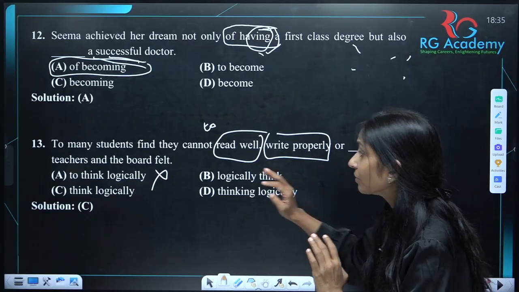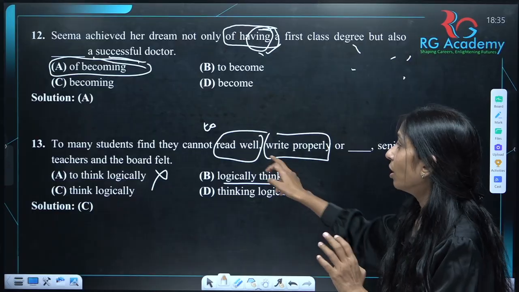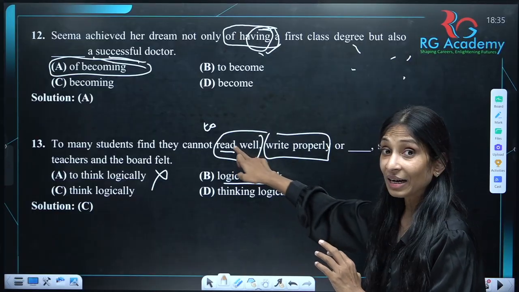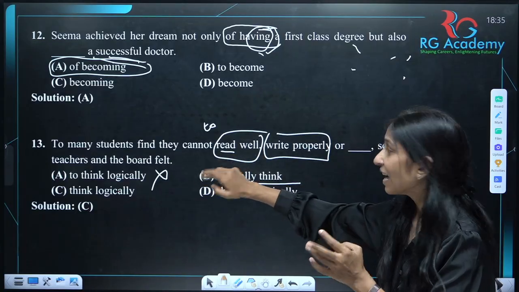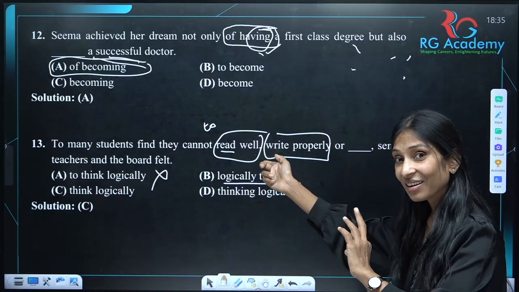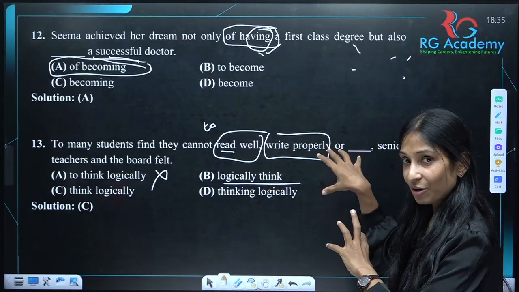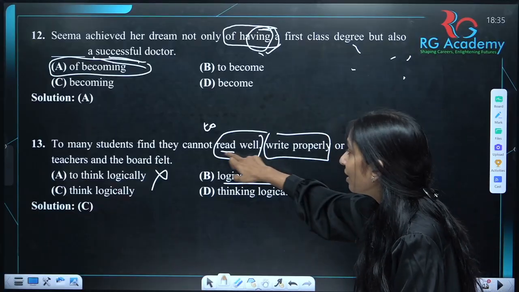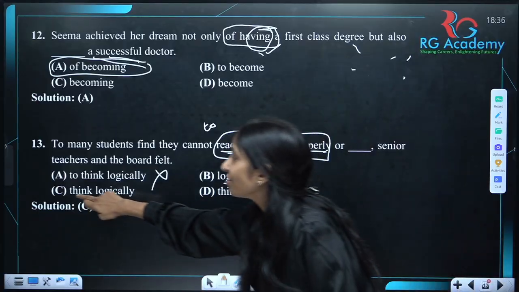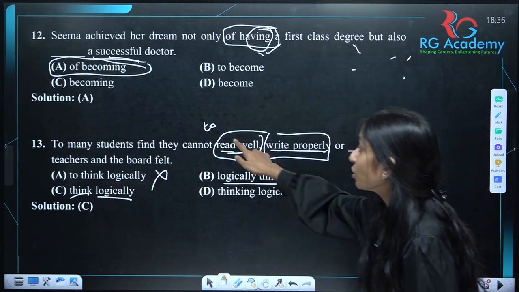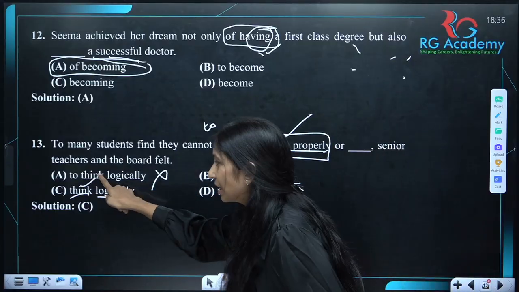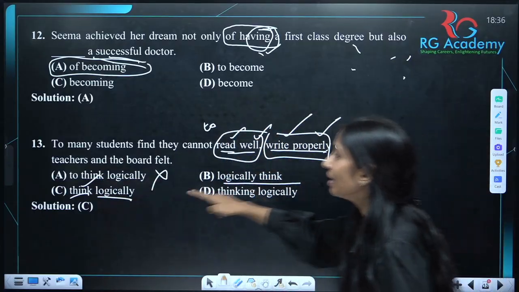Ruled out. Logically think, no, because first it is read and then well. So first we should have think, and then what kind of thinking should come after the word think. So read well, write well, and think logically is the correct answer, right? Why? Because read, write, think; well, properly, logically.